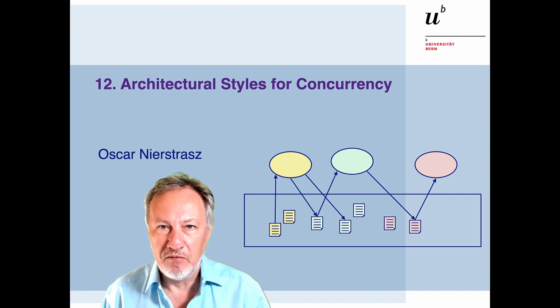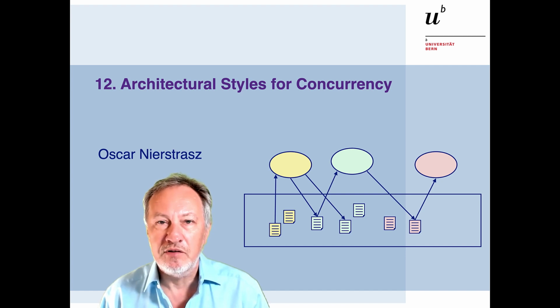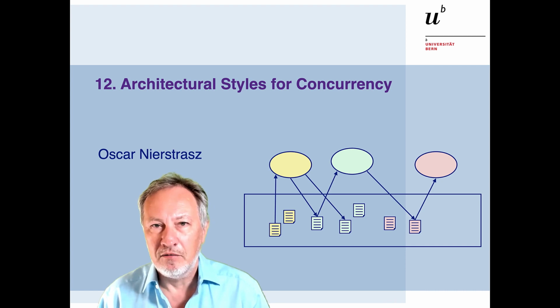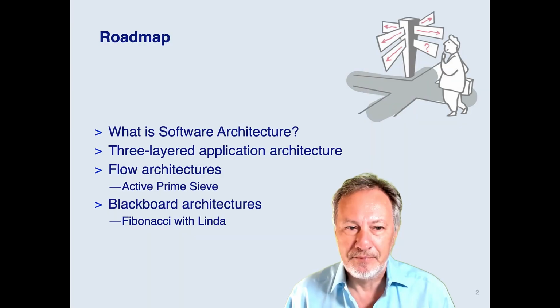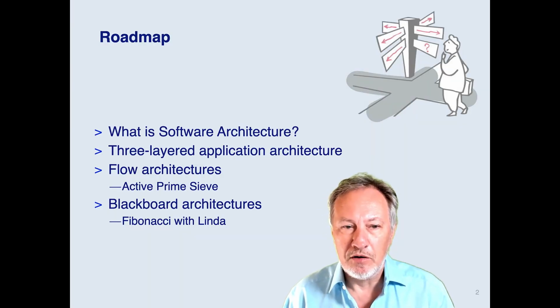Up until now we've focused more on microarchitectures, so design patterns are at a relatively local and small scale of concern, whereas architectural styles cut across the entire application. First, we'll have a quick look at what we actually mean by software architecture, and in particular what software architecture means for concurrency.